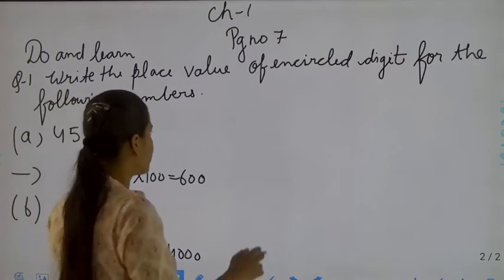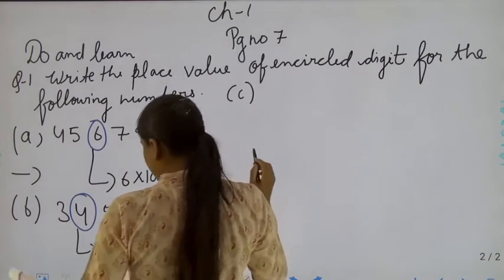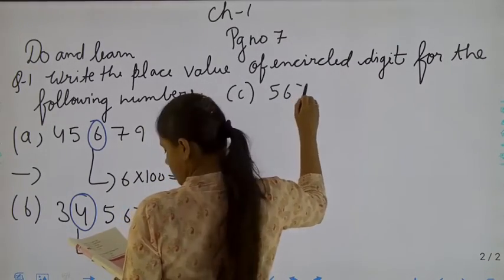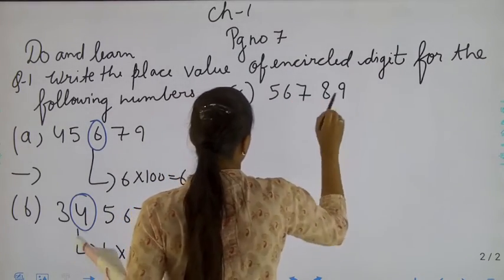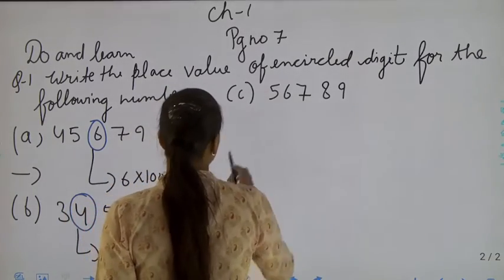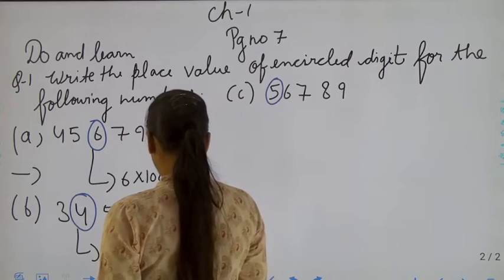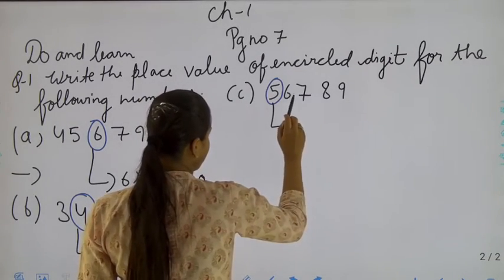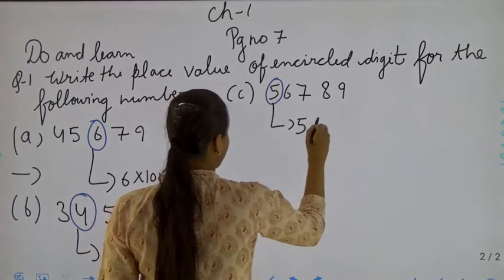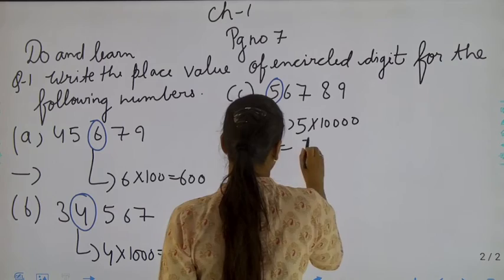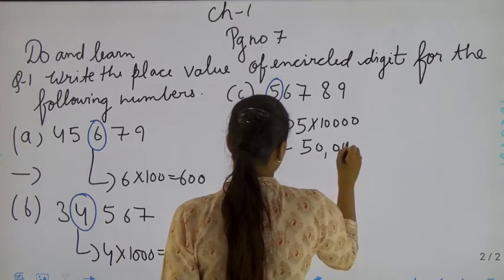Now move to the next part, that is C part, 56,789. Now we have to tell the place value of 5. Ones, tens, 100, 1000, 10,000. 5 multiplied by 10,000, it will be 50,000.